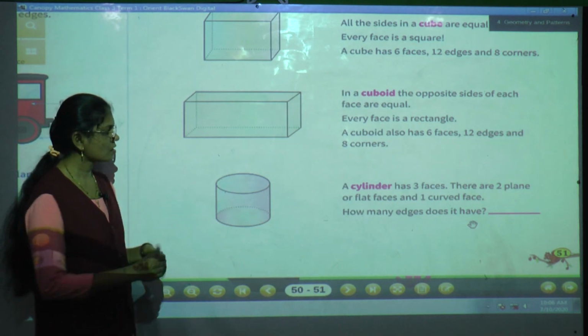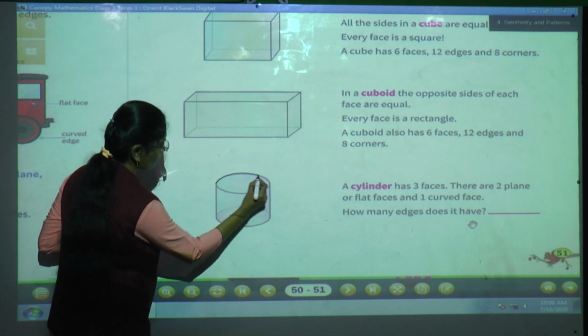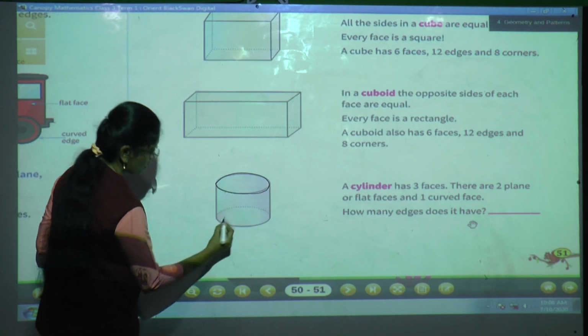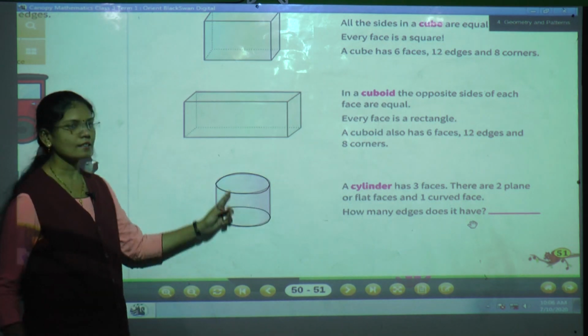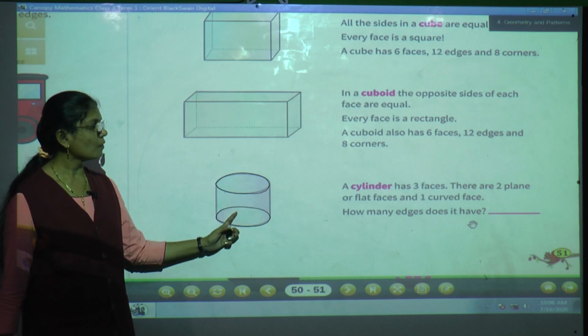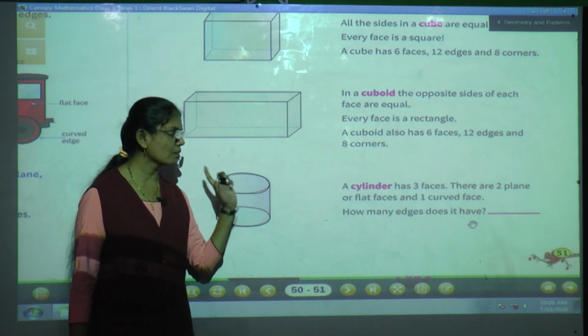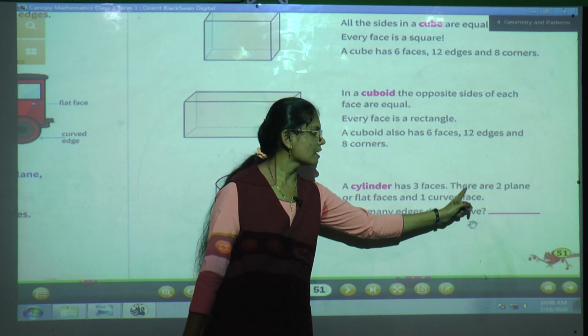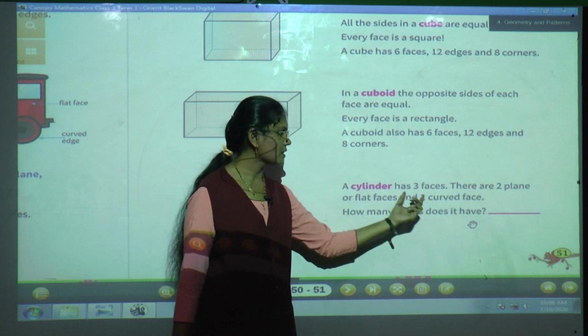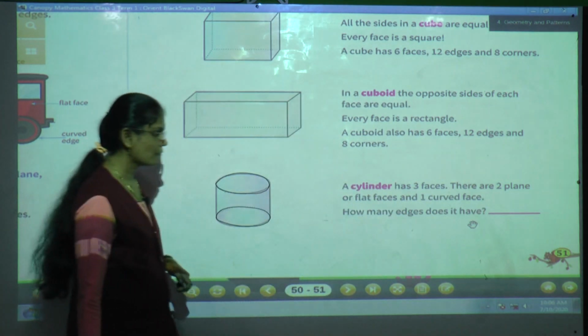Now see, this is a curved face and this down here is also a flat face. So it has 2 flat faces and 1 curved face. That is, a cylinder has 3 faces.